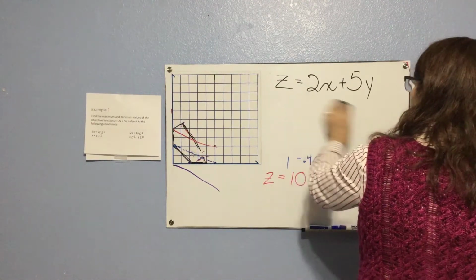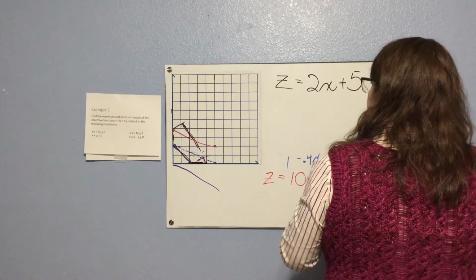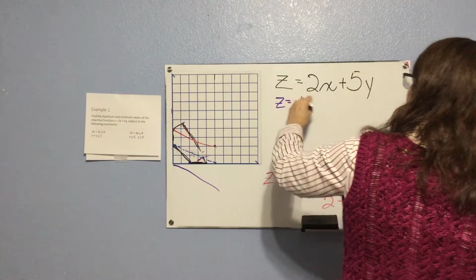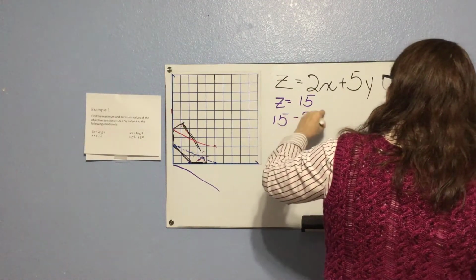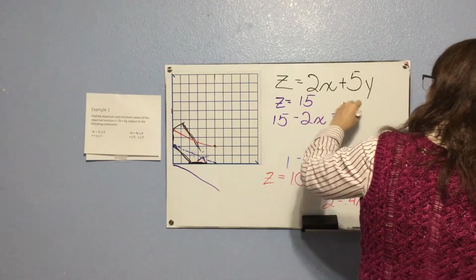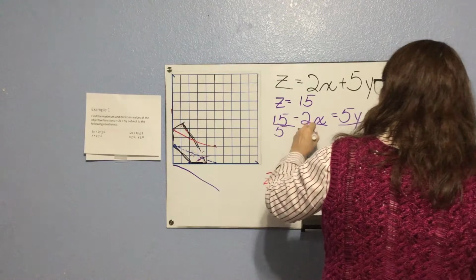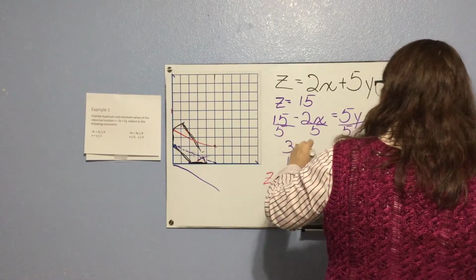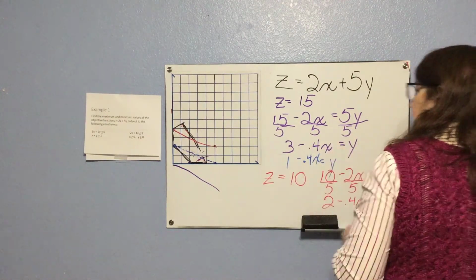So let's try one more with z equals 15. If z equals 15, I'll have 15 minus 2x equals 5y. So I'll have 3 minus 0.4x equals y.